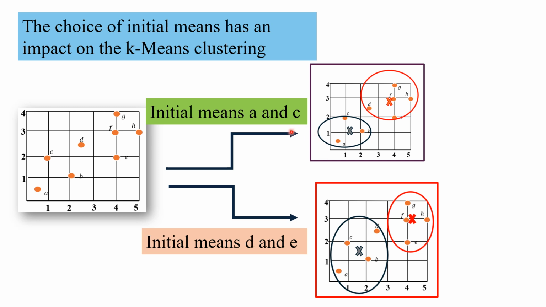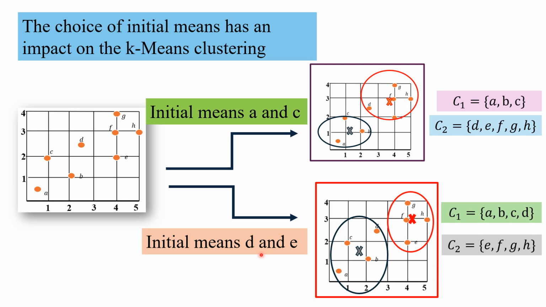So what did we see here? The choice of initial means has an impact on K-means clustering. When the initial means were A and C, we got C1 as ABC and C2 as DEFGH. And when the initial means are D and E, we get C1 as ABCD and C2 as EFGH. So which one is better?